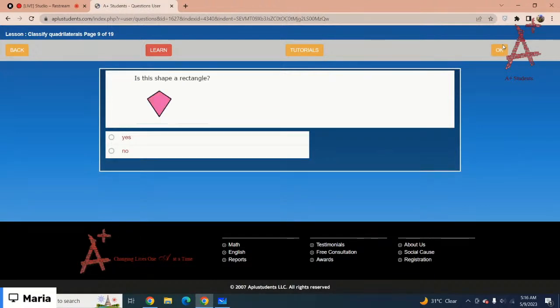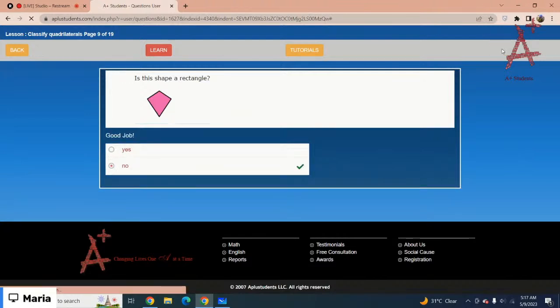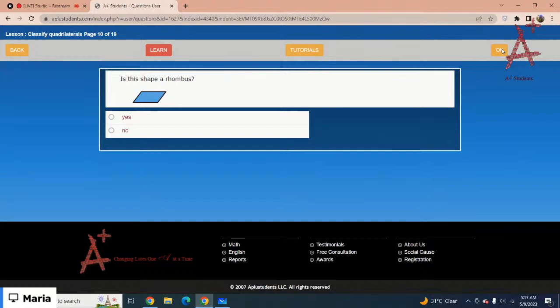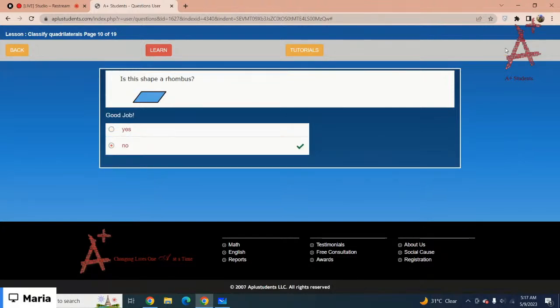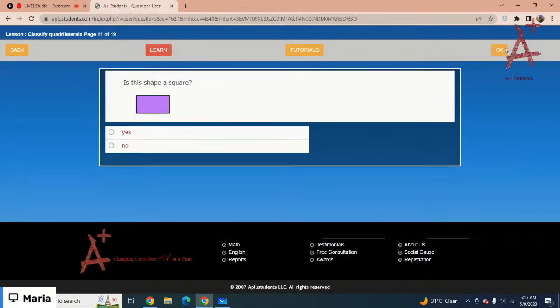Is this shape a rectangle? No, this is not a rectangle. Is this shape a rhombus? No, it is not a rhombus. Is this shape a square?